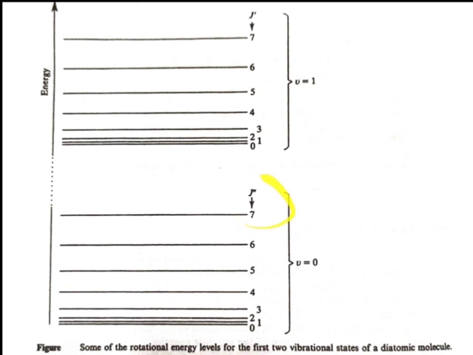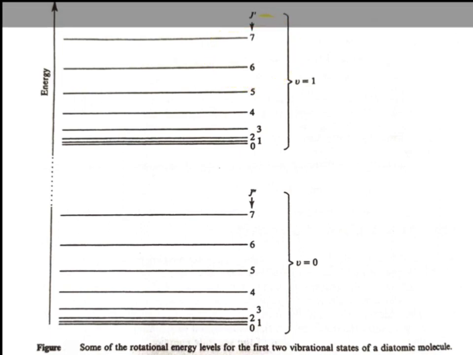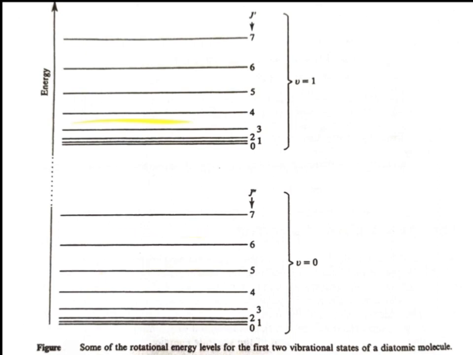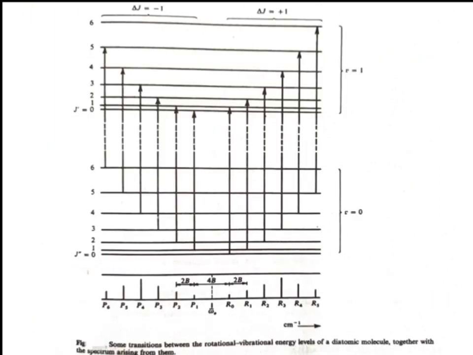Here J double prime represents the ground state rotational energy levels, and J prime represents the excited state rotational energy levels. Such rotational energy levels can be observed for the first two vibrational states of a diatomic molecule. So the first two vibrational states have V is equal to 0 and V is equal to 1, and inside them there are rotational energy levels present.